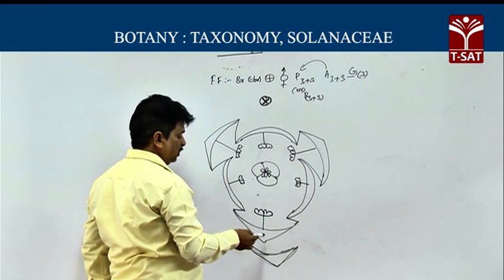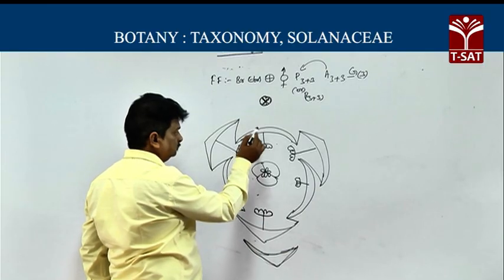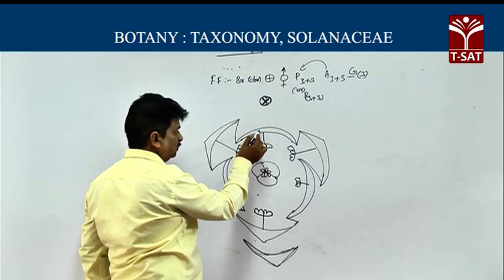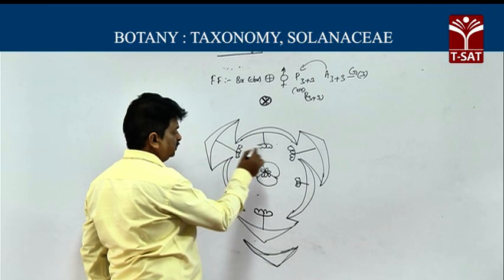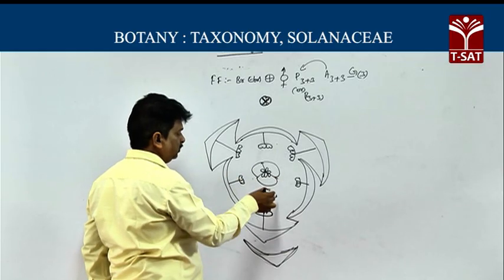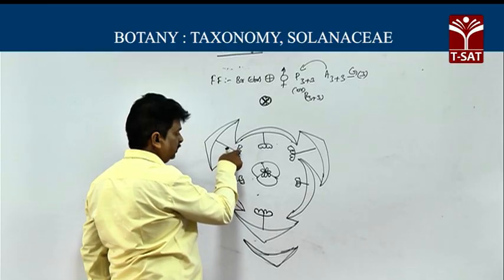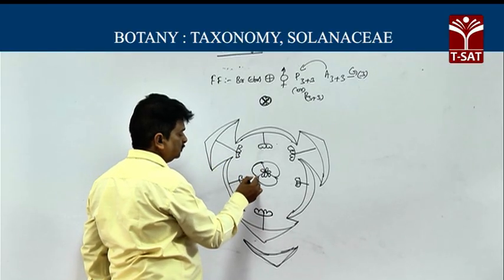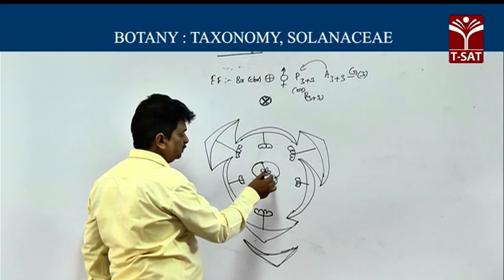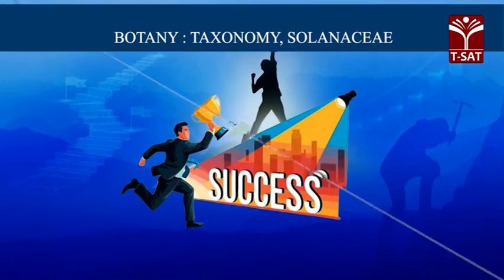Then outer row of odd tepal anterior, inner row of odd tepal posterior. Then 6 stamens arranged in 2 rows. They are epiphyllous and dithecous, 2 lobes present. Gynoecium tricarpellary, syncarpous, trilocular, axile placentation.